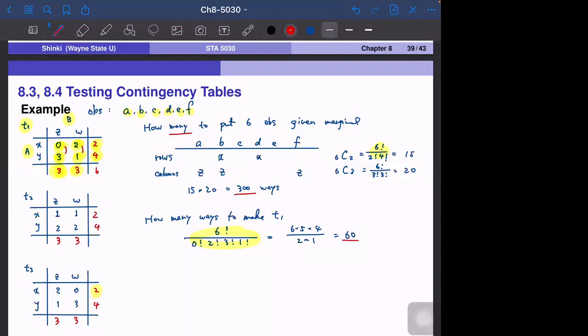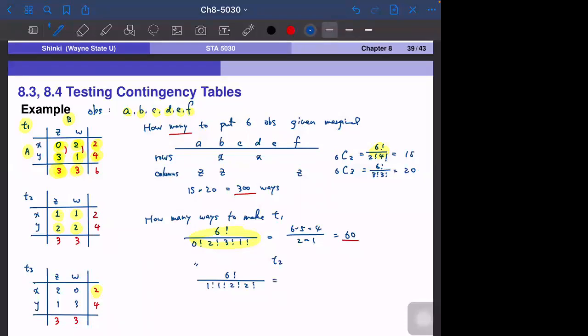And how about the other 2 tables? How many ways to get T2? T2 seems the most typical table given the marginals, because everything is proportional to the marginal distribution. And actually the number of ways is equal to 6 factorial, and we choose 1 observation for upper left and 1 observation for upper right, and 2 observations for lower left and 2 observations for lower right.